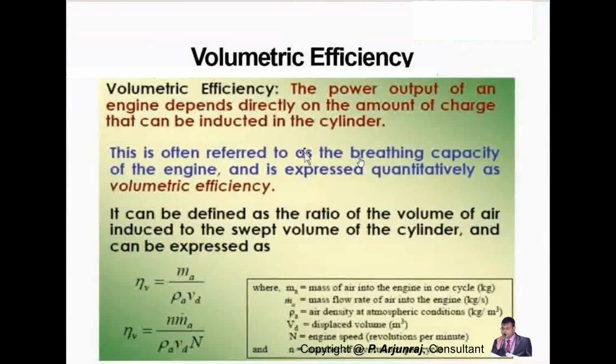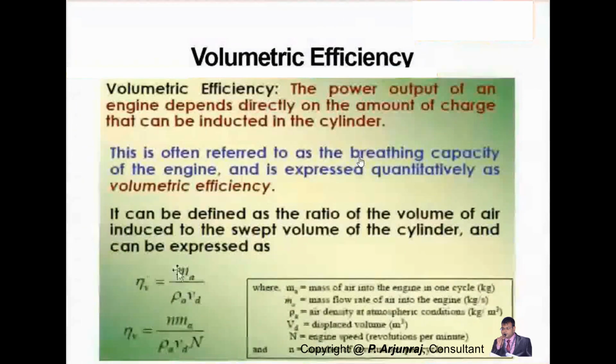This turbocharger and the supercharger will also increase the power output of the engine, and thereby the volumetric efficiency of the engine will get increased with the help of both supercharger and turbocharger. So basically, the main objective we want to go for this turbocharger is to increase the power output of the engine, and that will have the direct influence on increasing the volumetric efficiency.